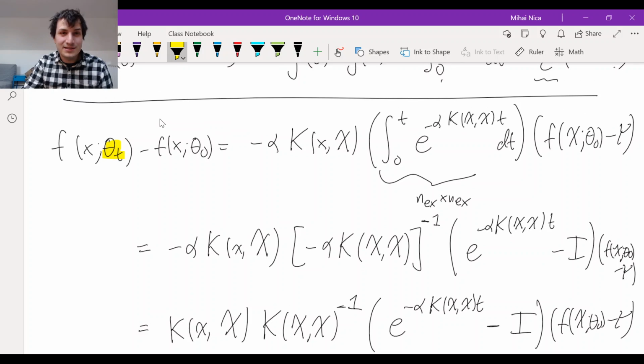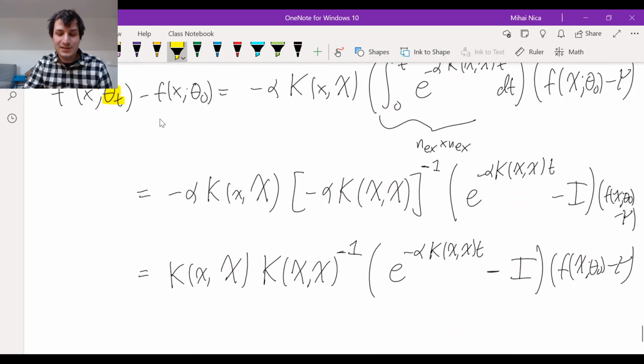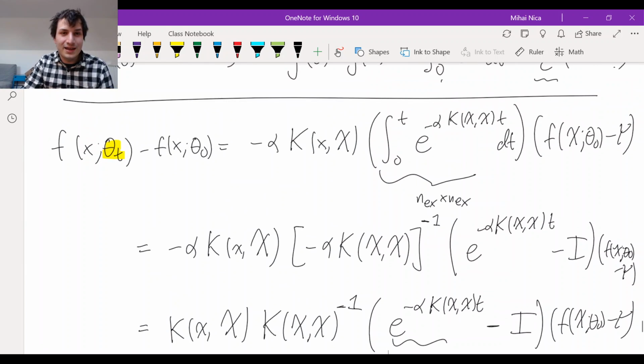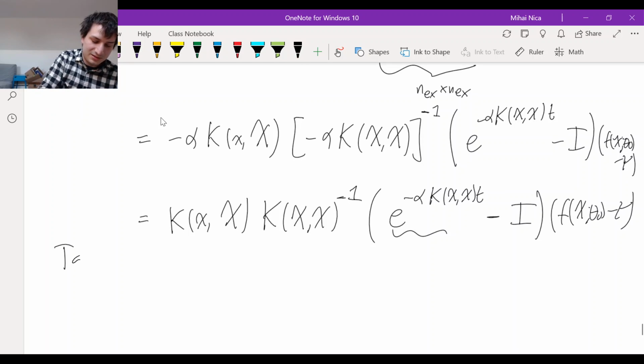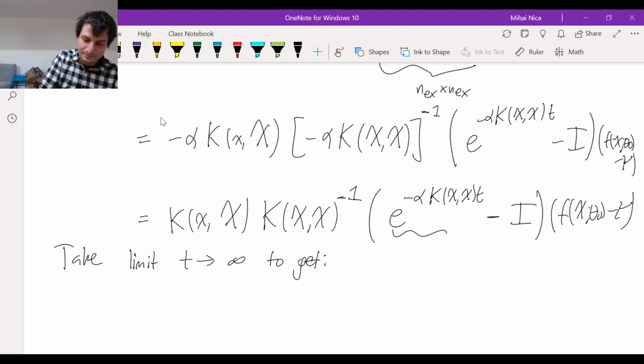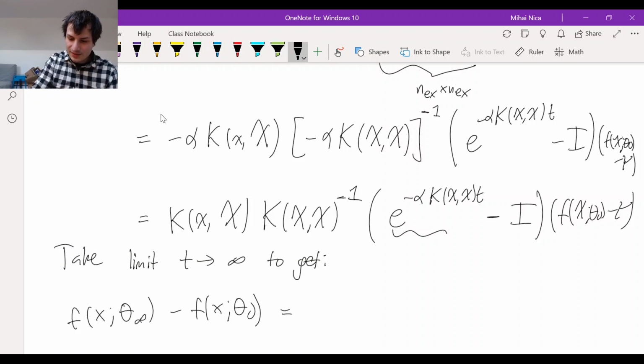The result we want is in the limit t goes to infinity. In the limit t goes to infinity, this matrix exponential is going to go to 0. That's as long as this matrix is invertible. That'll definitely go to 0. So in that case, take the limit t goes to infinity to get f of x theta infinity minus f of x theta 0 is equal to, that term just becomes a 0.